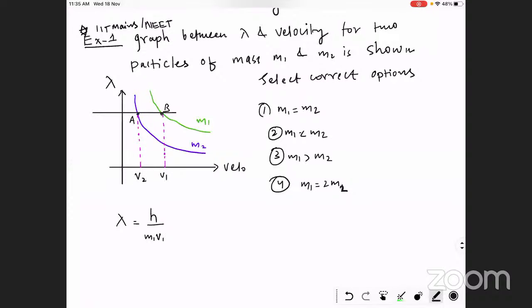This is V1, this is V2. And again, lambda is equal to h upon M2 V2. Wavelength is the same. It means M1 V1 must be equal to M2 V2. If you drop a perpendicular line, you get the same value of wavelength for both the graphs. This perpendicular line is trying to explain that wavelength is the same.